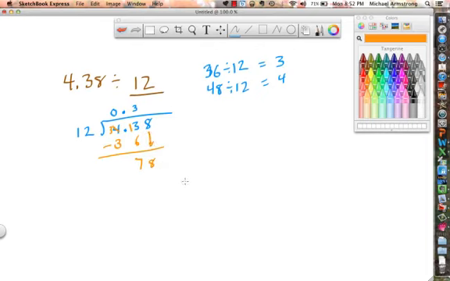Does this one work out? 12 times 6 is 72. So 72 divided by 12 is 6. That's pretty close. Let's use 6. 6 times 2 is 12. 6 times 1 is 6 plus 1 is 7. So 72. 8 take away 2 is 6. So we're left with 6.